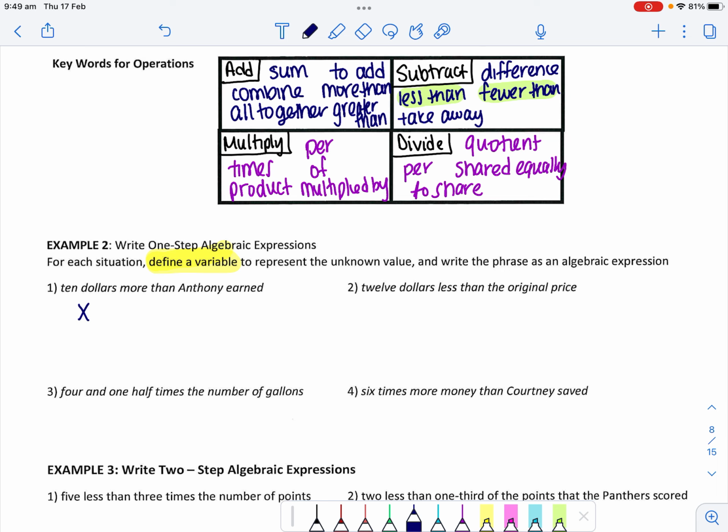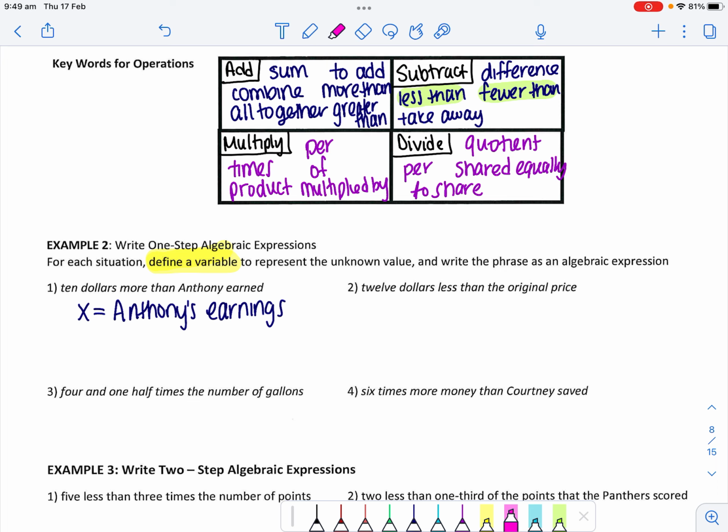So this says $10 more than Anthony earned. And the first thing I'm going to do is I'm going to say, okay, what do I not know about this situation? Well, I don't know how much Anthony earned. So my X is going to represent how much Anthony earned. I should capitalize his first name. So I've got my variable defined, and now I'm going to say, okay, what operation am I doing in this situation?